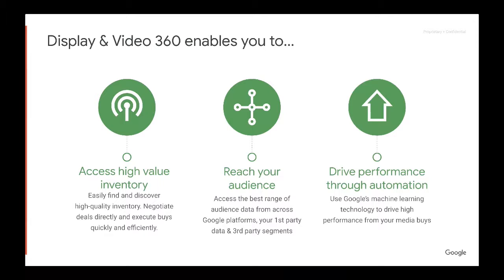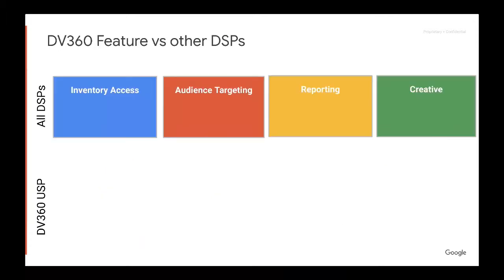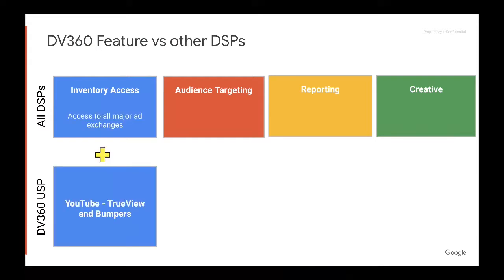Now you may think that there's no difference among other DSPs. So today I'm focusing on our DV360 features versus other DSPs. We're focusing on inventory, audience targeting, reporting, and creatives.